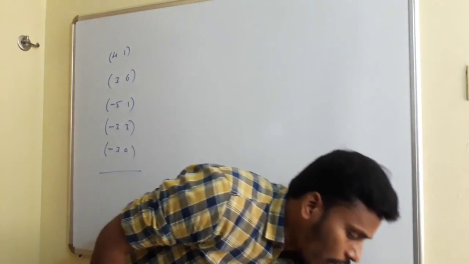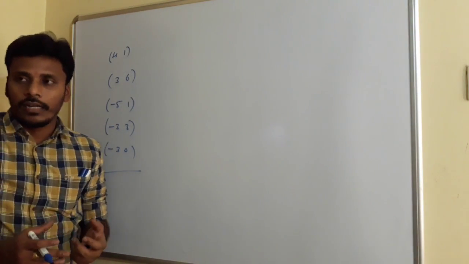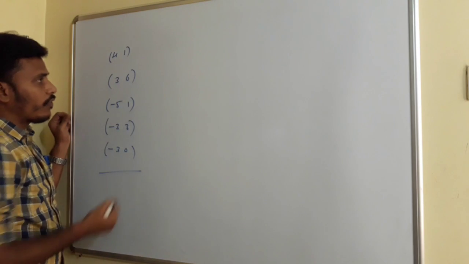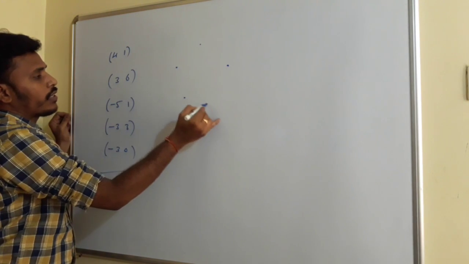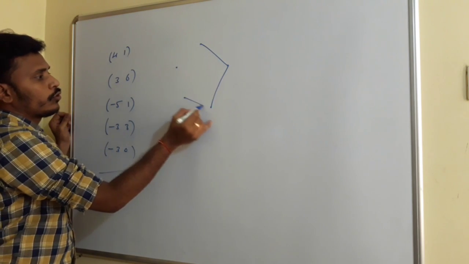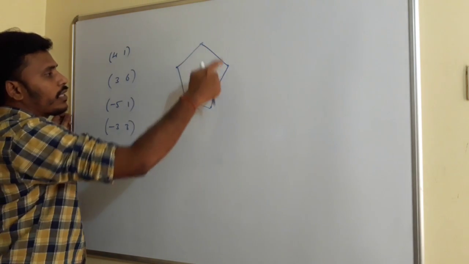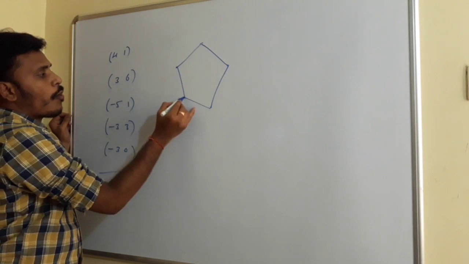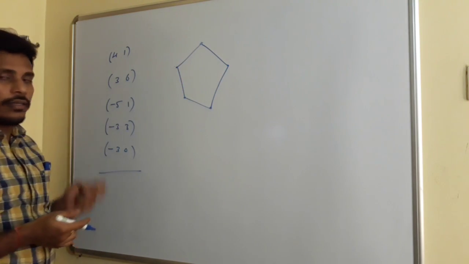These 5 vertices will form a pentagon because these are the 5 vertices. If you locate all these points, you have 5 points here. If you join all those 5 points, 1, 2, 3 and 4 and this is 5. See, these 5 sides are formed by these 5 points and the shape is usually mentioned as a pentagon.